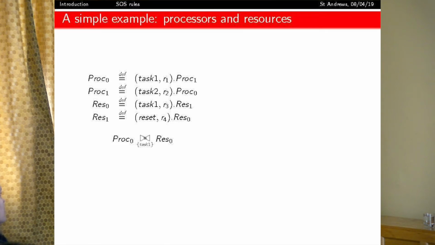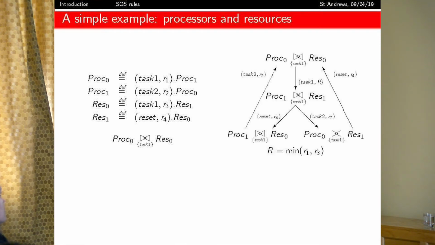If we go back to our processor resource example, this is just the same as before, but now we've added some idea of the rates, and we're using PEPA syntax, so we have a cooperation here. And so then we can get our labeled transition system. It's as before, except now we're labeled not just with actions, but also rates.